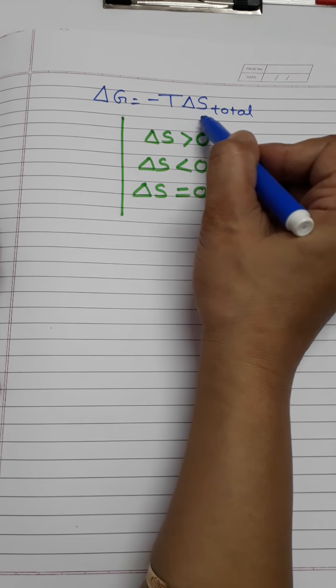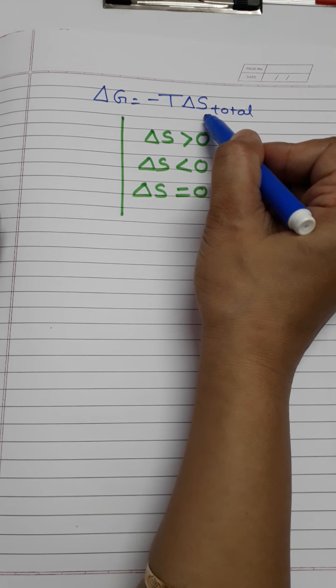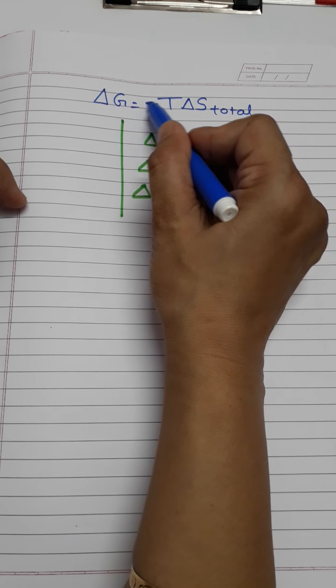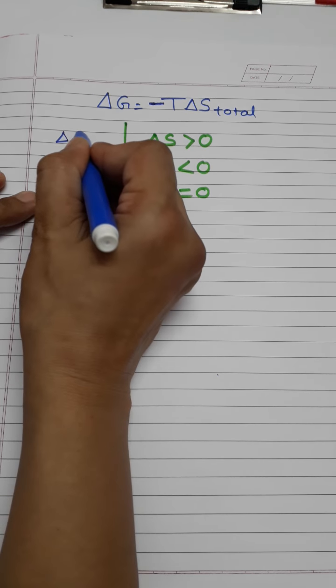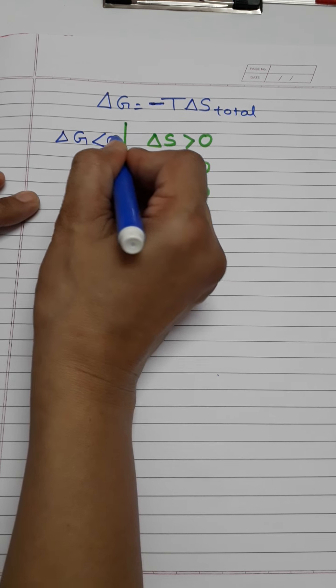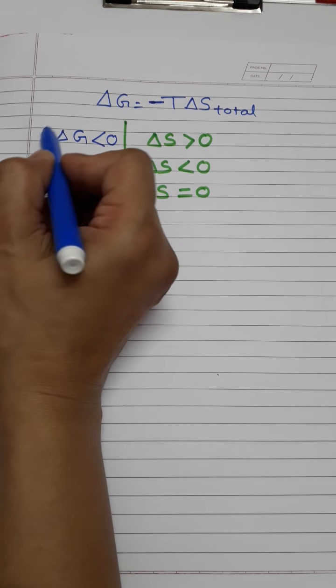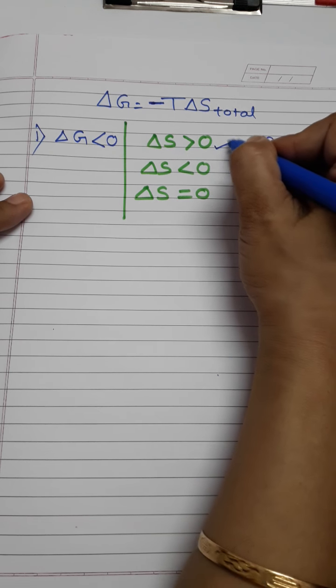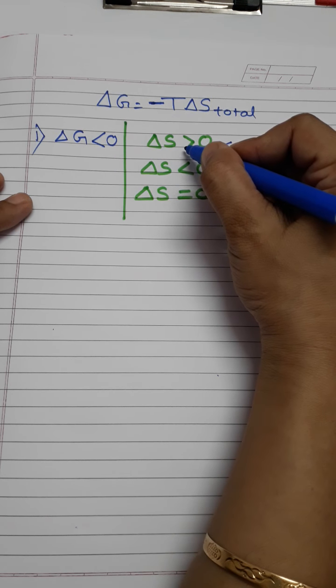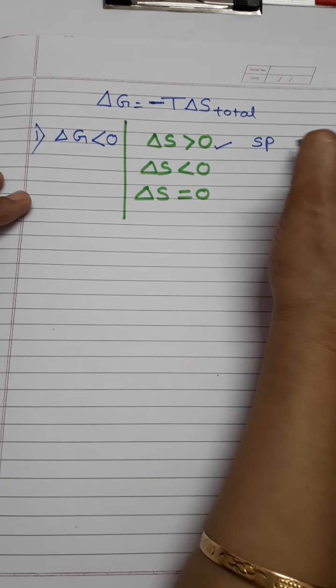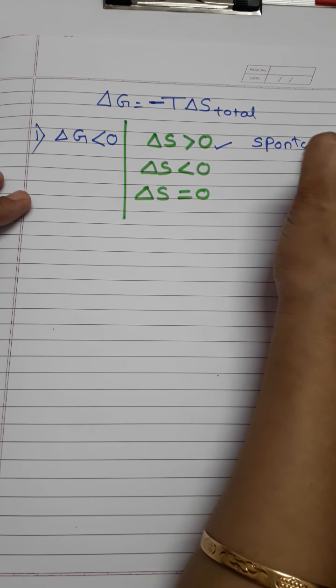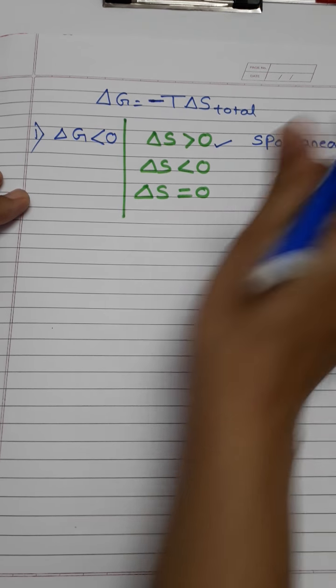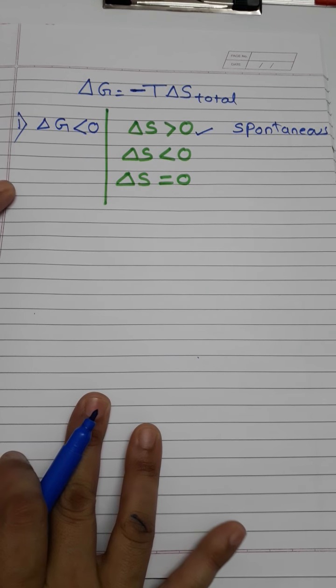Positive into negative means in this case our delta G would be negative. This is the first case, and we know by this expression that when delta S is positive, the reaction is spontaneous.